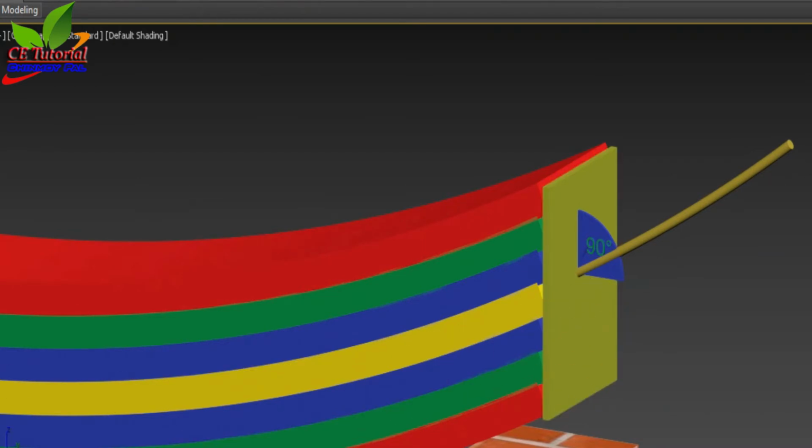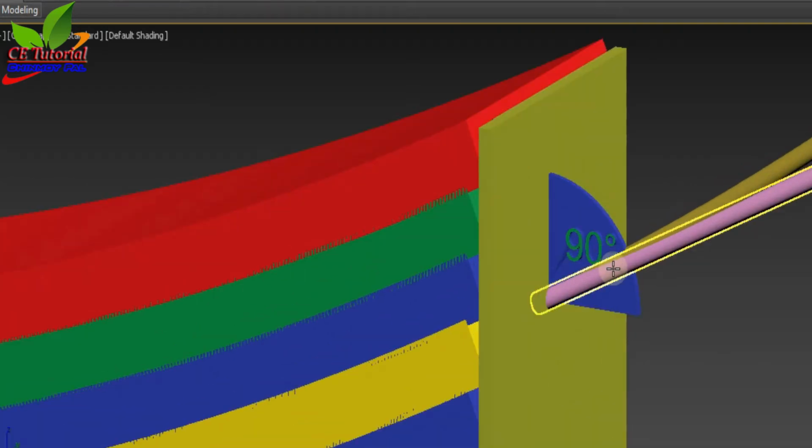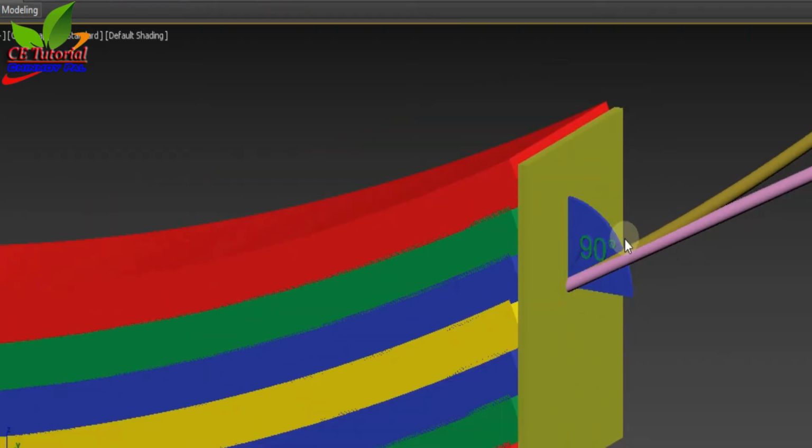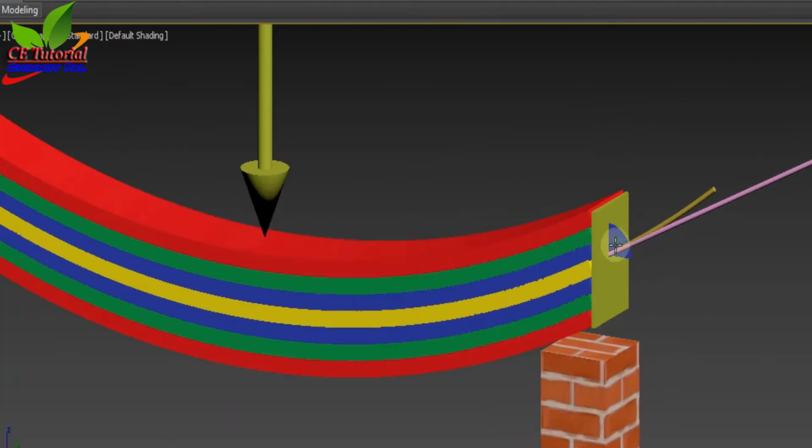If you draw a tangent over here, then you can see the angle between the cross section and the tangent is less than 90 degrees. That means after bending, the cross section is not perpendicular or normal to the neutral axis.